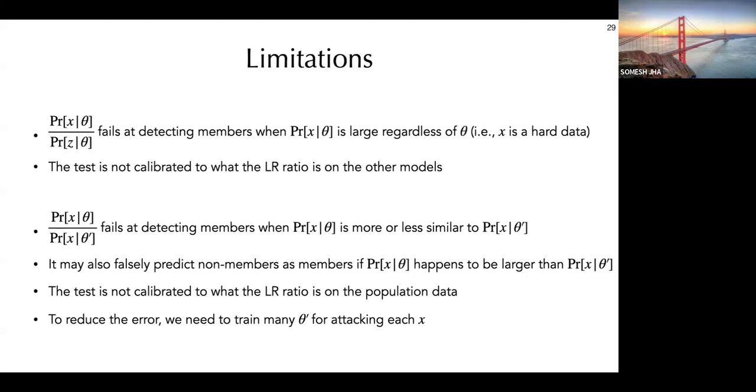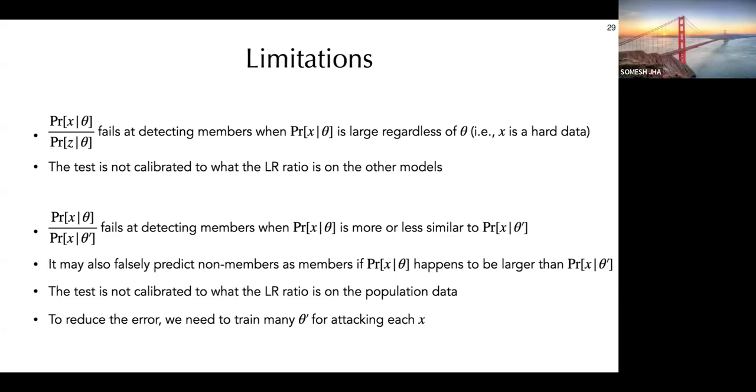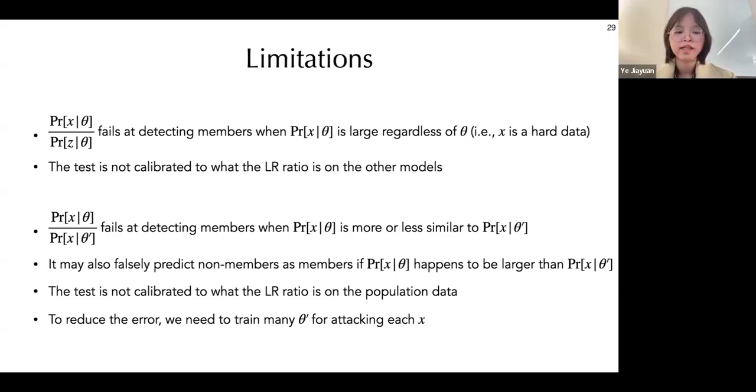One thing that I just wanted to add is that with Carlini's attack, you have to build a lot of shadow models. So there is a cost associated with it as well, right? Yes, this is the last limitation of this slide. Because it only relies on shadow models or reference models as baseline, it really needs many samples for stable estimation of the baseline.